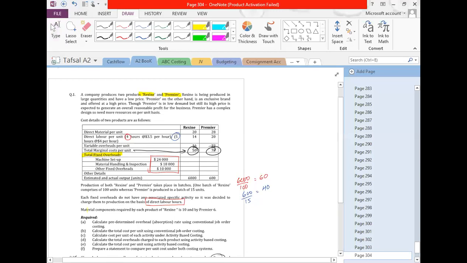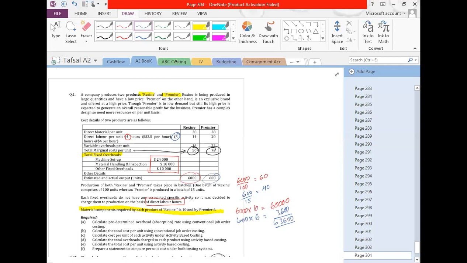Now look at the last sentence. Material component required. Number of components. If 6,000 units need to be produced, we need 10 per unit, right? 60,000 components. For Premier, we have 600 units and we need 6 components. 3,600. Get it?